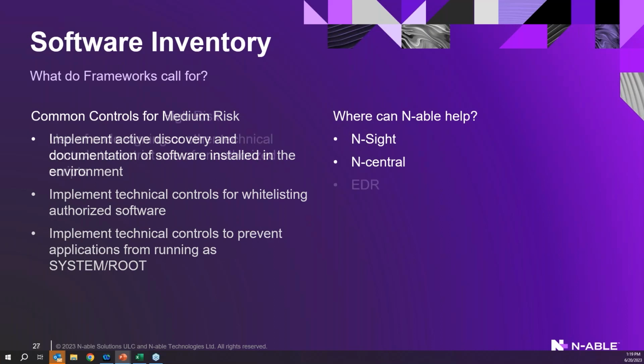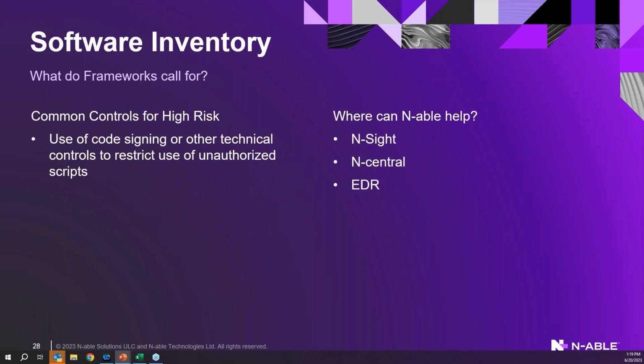And then at the high risk, they ask for the use of code signing or other technical controls to restrict the use of unauthorized scripts. So what a lot of them are saying is, do not allow unsigned PowerShell. Do not change your PowerShell signing policy to allow running unsigned or externally signed PowerShell scripts.